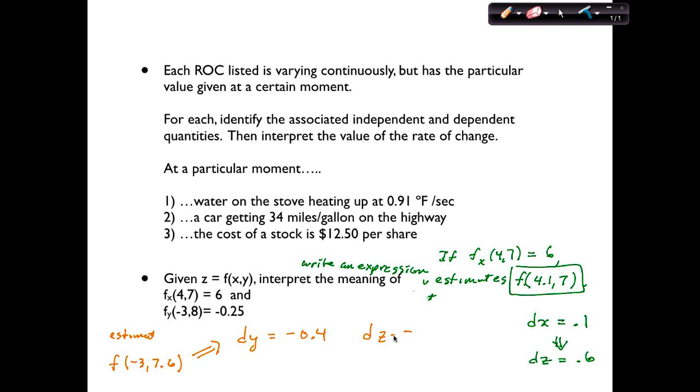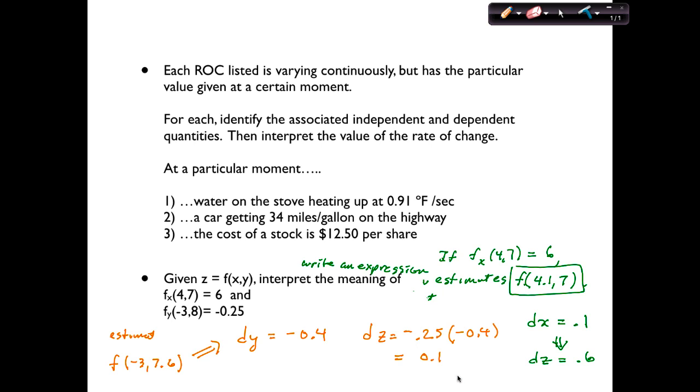So our dz is going to be 0.1. And this comes right out of the meaning of that rate of change, right? The meaning of the rate of change is, given any change in y, it's the partial with respect to y, the resulting change in z is the rate times the change in y. And that is 0.1. Good?